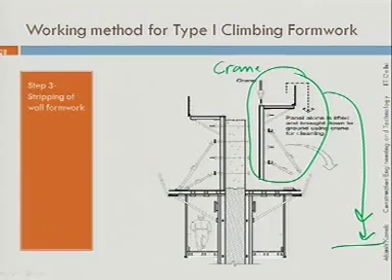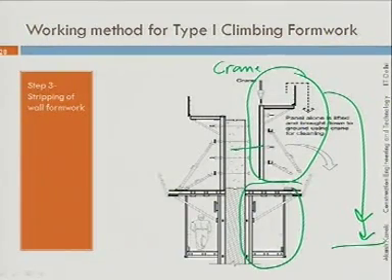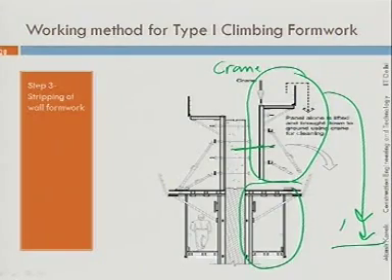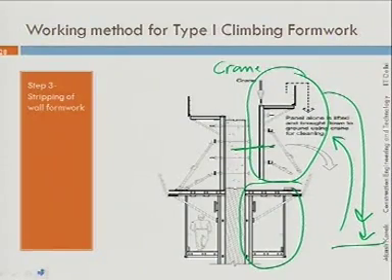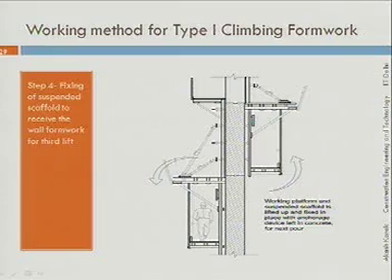I clean them at the ground. Then I take this bracket and fix it here at the next location, and once that bracket is fixed, I take this shutter, I will show you in the next slide, and then they are fixed there.